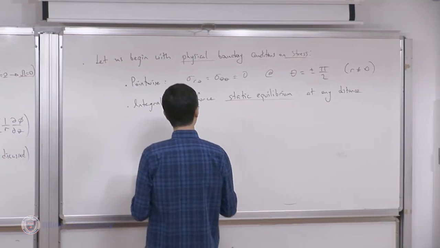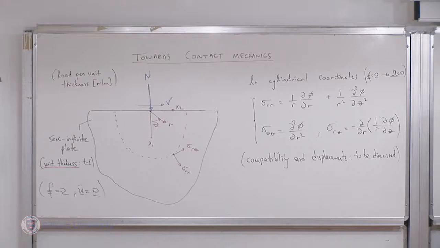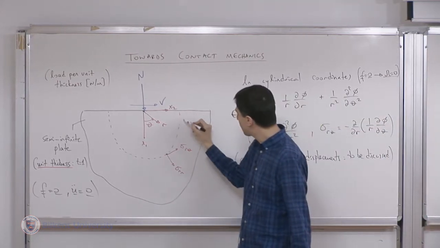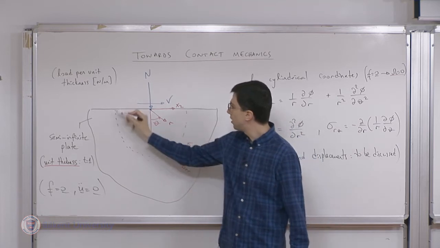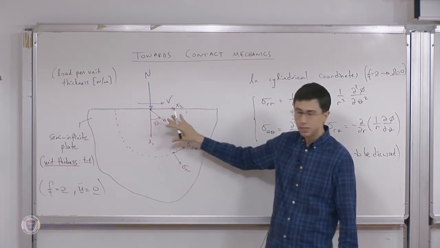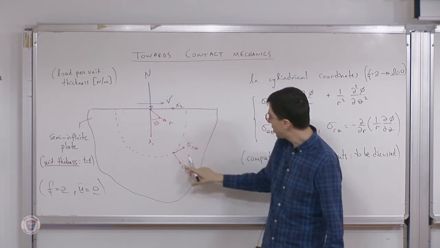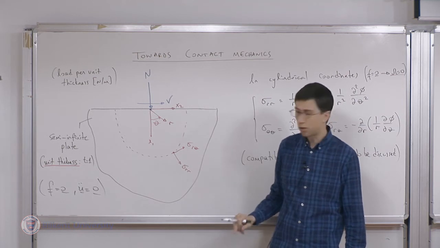For static equilibrium, I've drawn already that dotted circular line. So let's imagine we look at the free body diagram of this semicircle, or this disk. I apply a force at the top, and there are sigma rr and sigma r theta stresses forming on the surface.